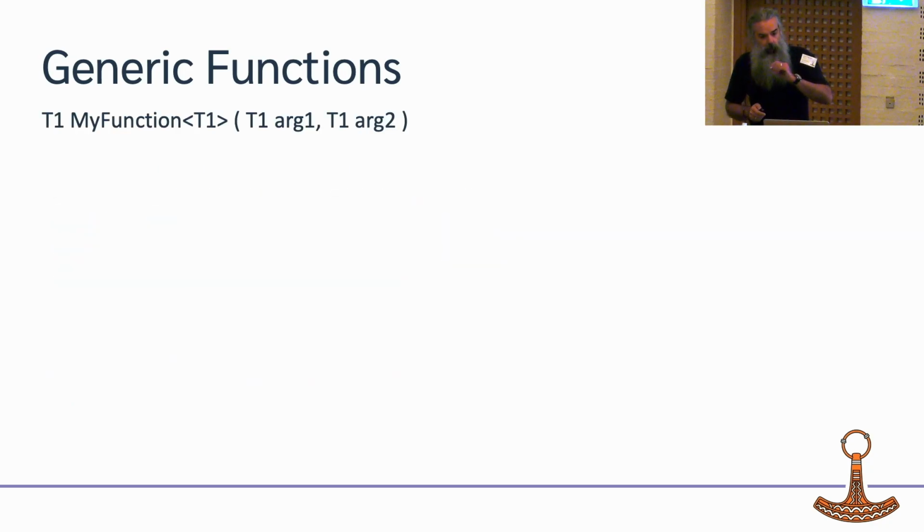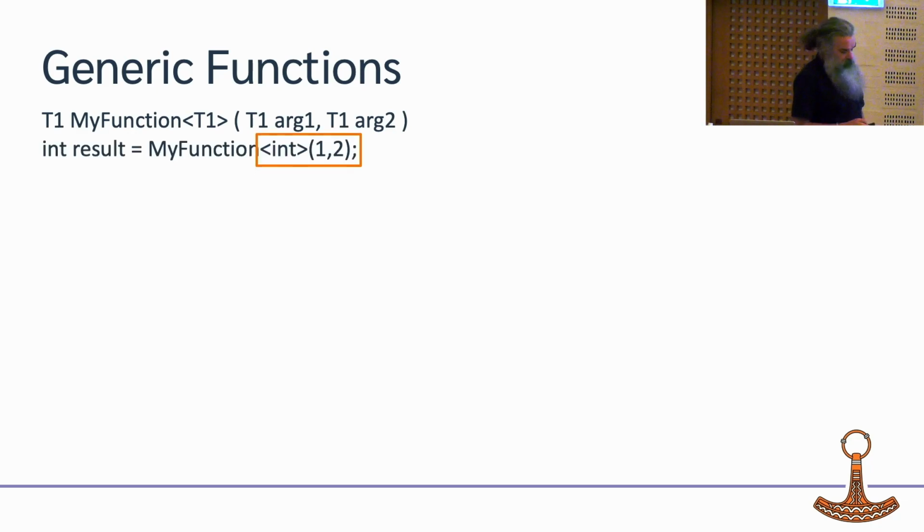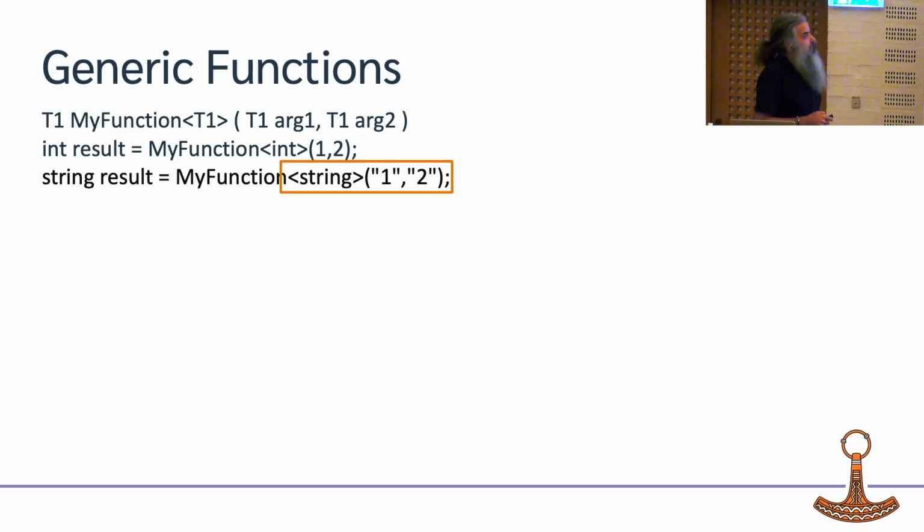So again, just to go through that in C#, when we want to call my function with a particular type, we concretize it, which is a great word that Stefan used earlier, and say, I want to call the version of my function that takes integer arguments, and then I can pass a couple of integers and it returns an integer result. Or I might say, I want to call the version that takes string arguments, and I can pass 2 strings and it returns a string result.